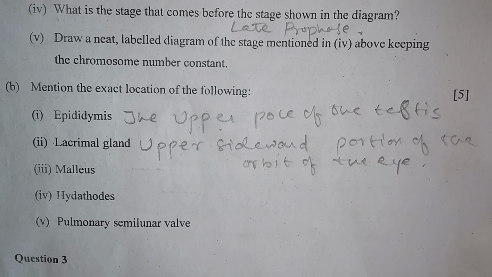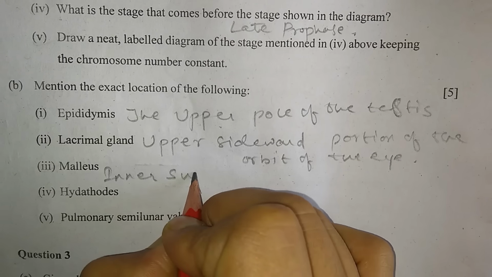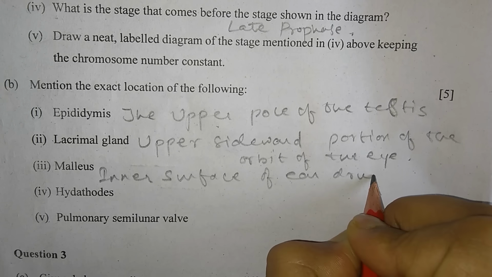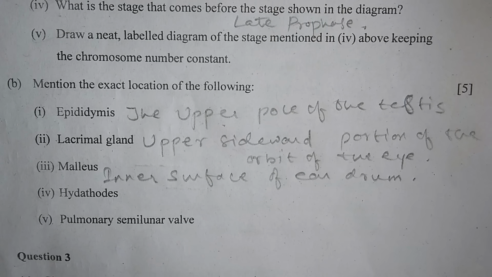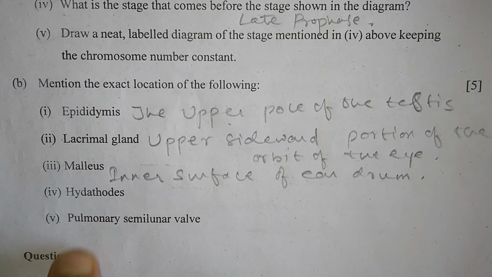Number 3 is malleus. Malleus is situated at the inner surface of the eardrum, or you can also write, in between eardrum and anvil.